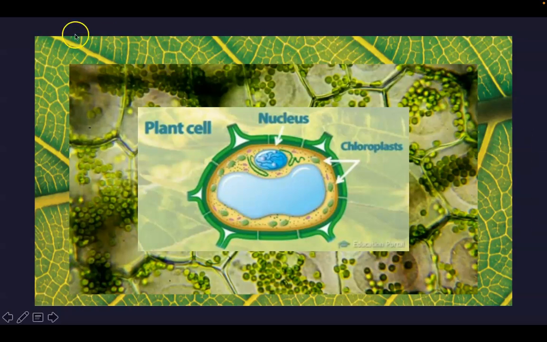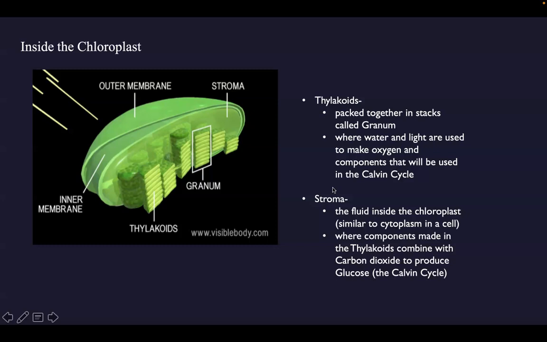So we've got our leaf cells. Here's a close-up of our leaf cell with our nucleus, our central vacuole, the chloroplasts scattered throughout. You can see the cell wall. When we zoom into these chloroplasts, that's where all the activity is happening. And you can see we have these structures called thylakoids.